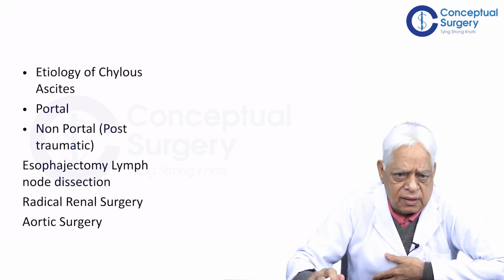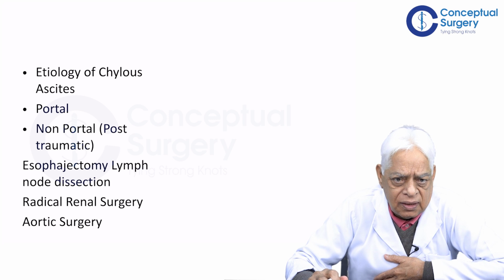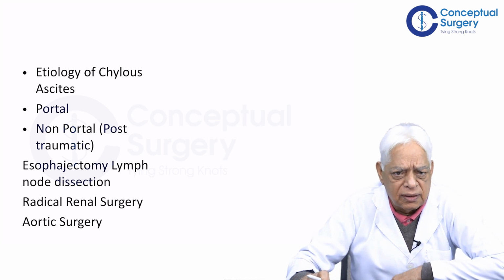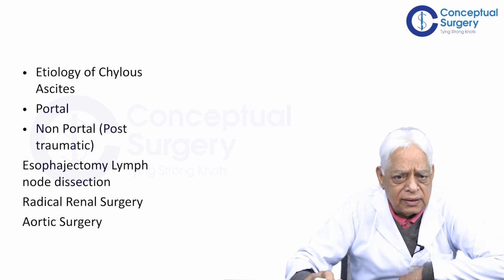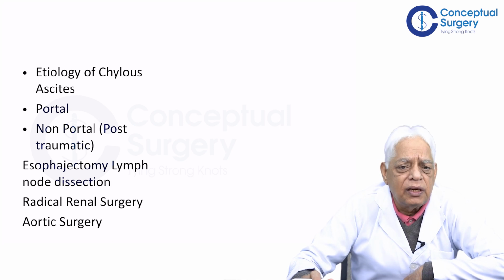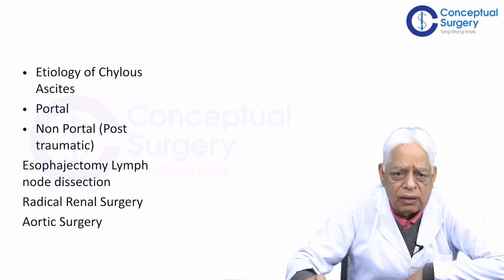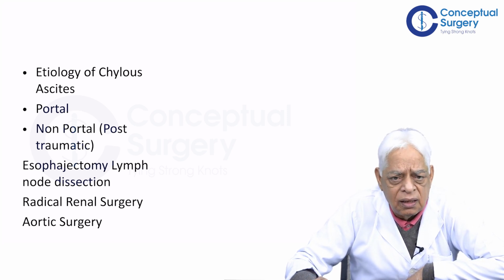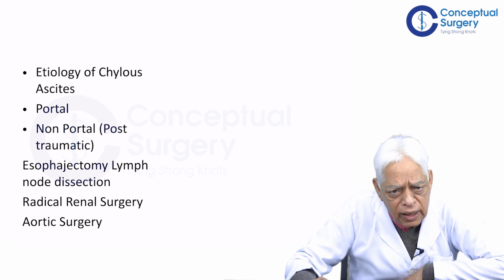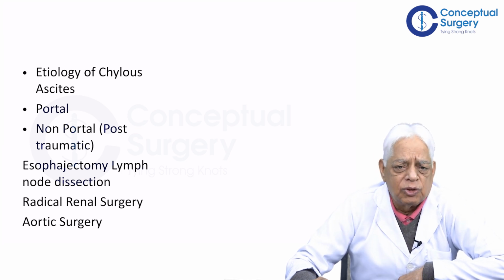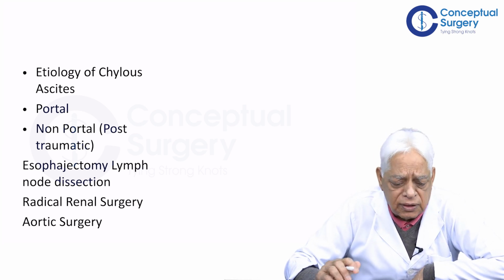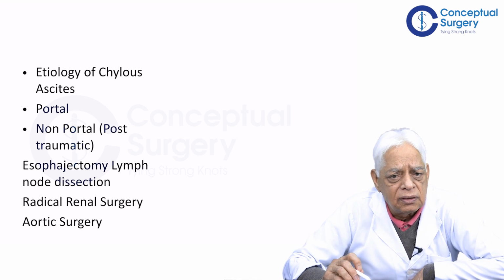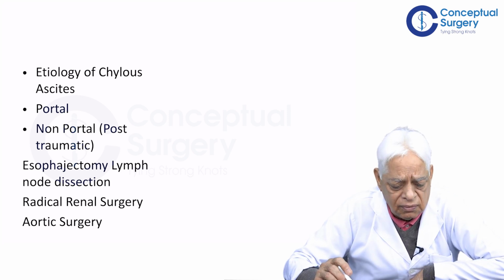Most of the cases, over 90% of the cases, Chylous Ascites is secondary to trauma. Majority of the times, I would say over 90% of the times, the trauma is in the form of surgery.